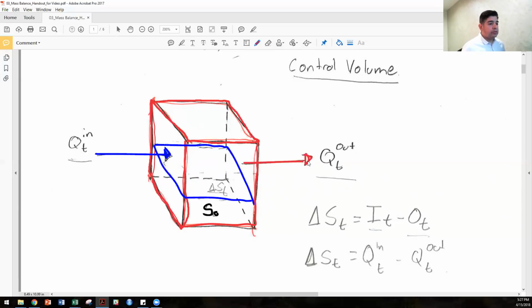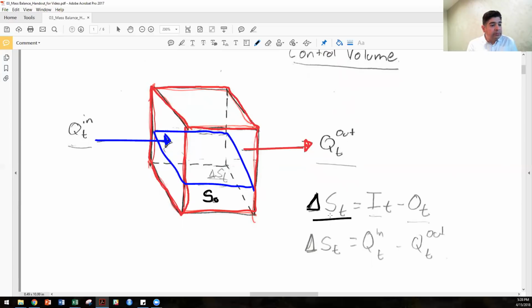So how much does the storage of water inside this control volume change? The change of storage, this delta ST, will depend on how much water comes in, the inflows into the control volume, and how much water goes out, the outflows out of this volume.